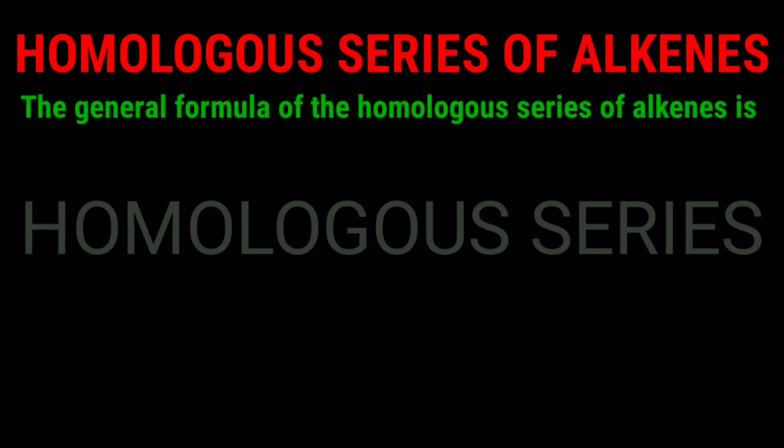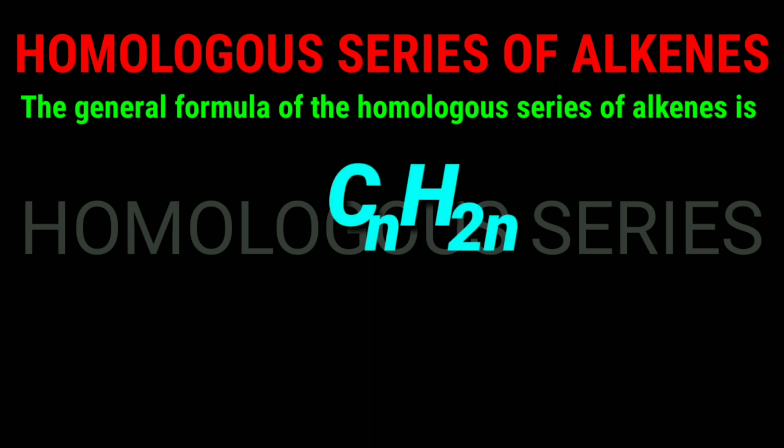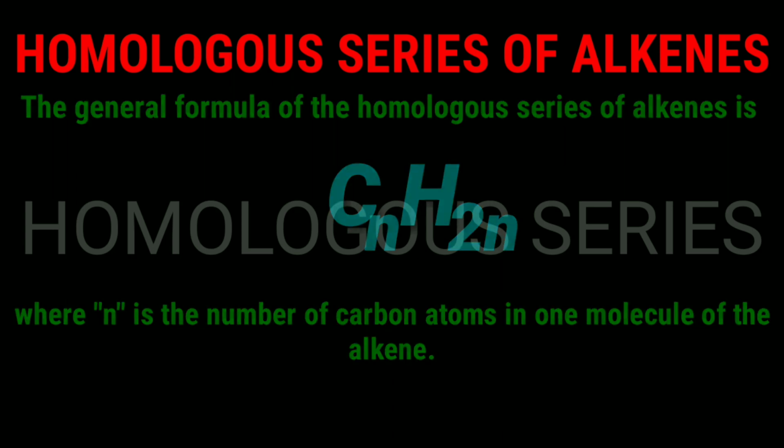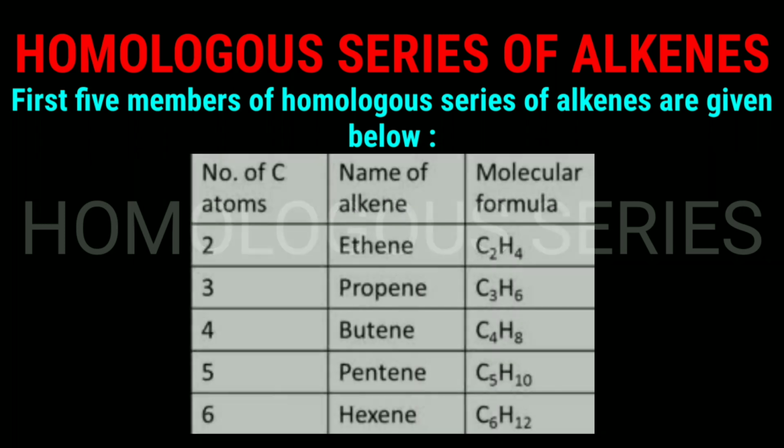Homologous series of alkenes. The general formula of the homologous series of alkenes is CnH2n, where n is the number of carbon atoms in one molecule of alkene. The first 5 members of the homologous series of alkenes are given below.